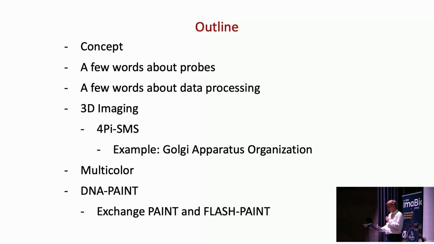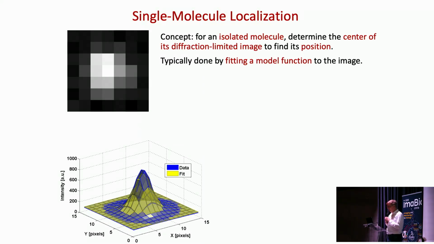So when we talk about single molecule localization microscopy, we need to obviously localize single molecules, and this is a very old concept, right? We have been using this in particle tracking for decades already, and what we do here is we have an isolated molecule for which we want to determine the center of the diffraction limited image, an image like this one here, with the idea that if we find its center, we know the position of that molecule.